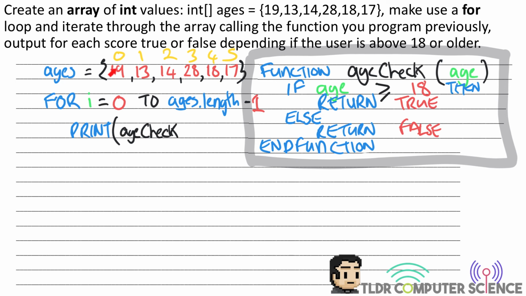So I need to get that one first, and then that one, and then that one, as I'm going along. So what's the name of the array that's storing all this? Age check, send it, ages. If I just send it ages though, is that going to do the right thing?